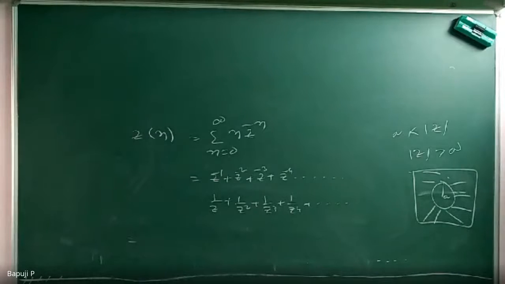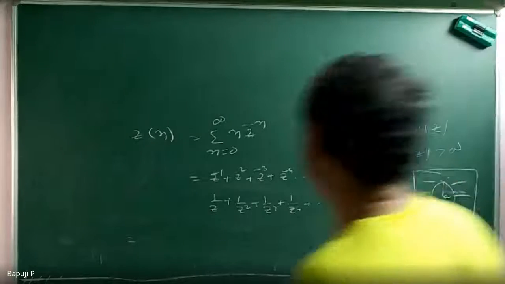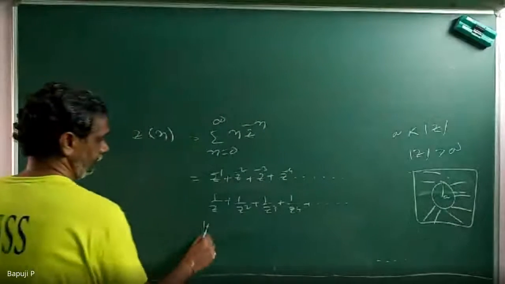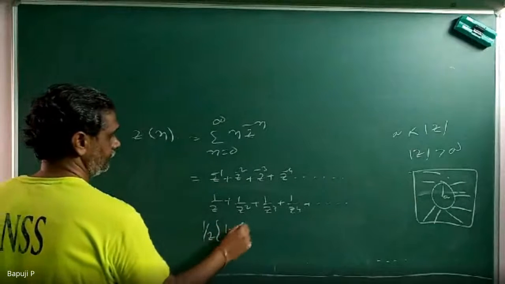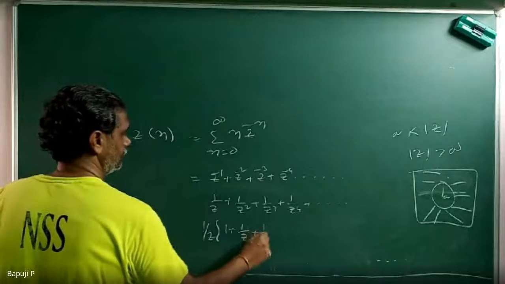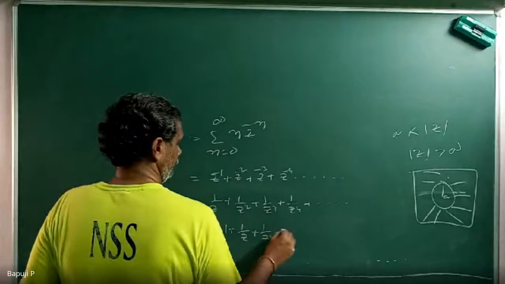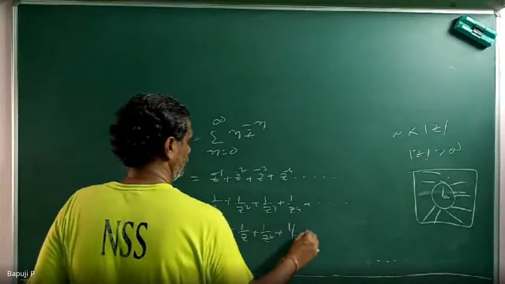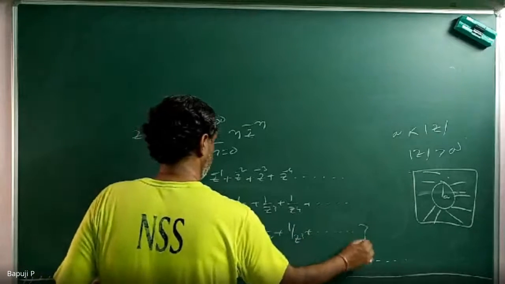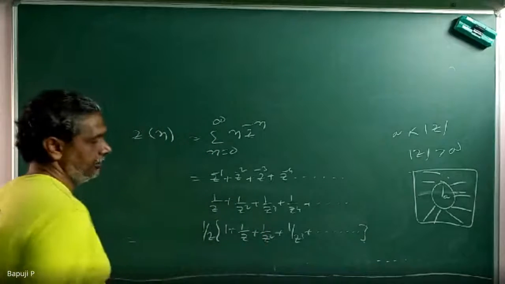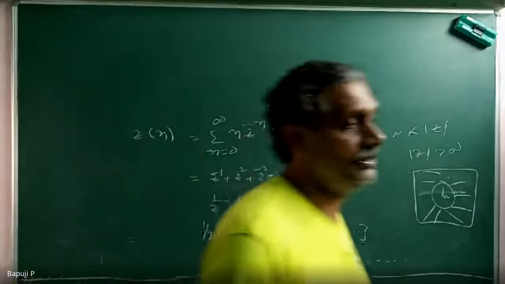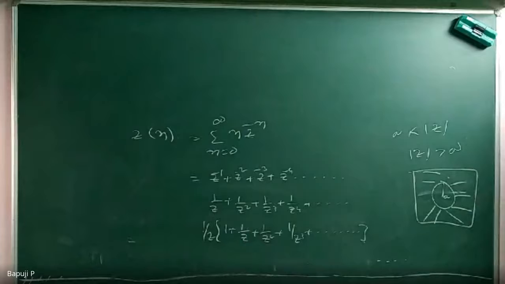If I take 1 by z common, what will it become? So this is equal to what? 1 plus x square plus x cube plus x power 4 and so on. What is that formula?